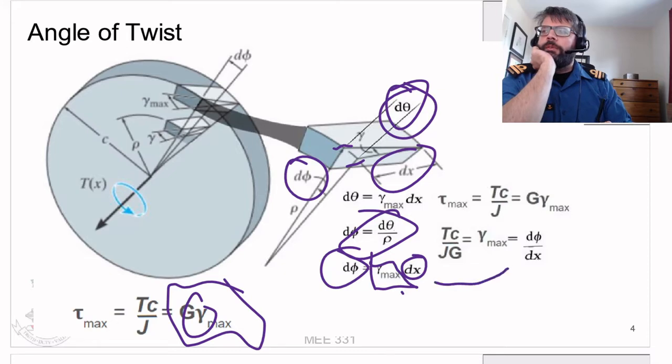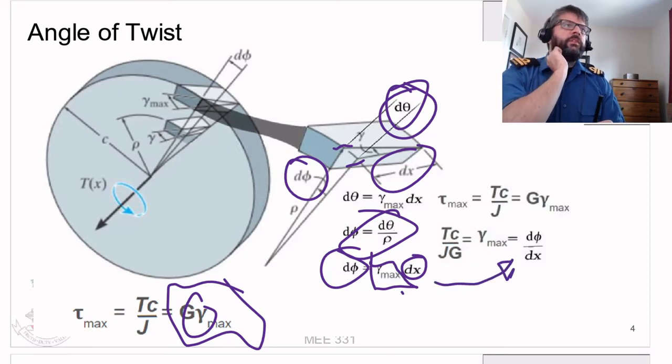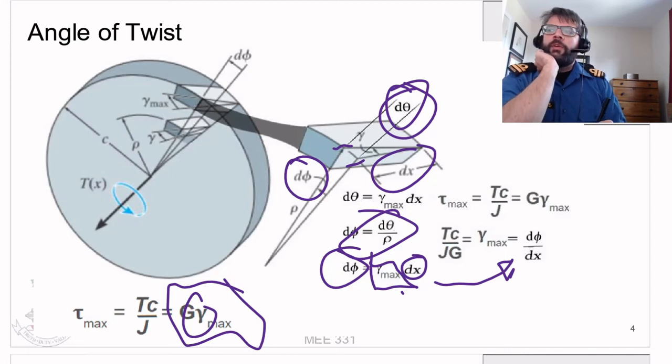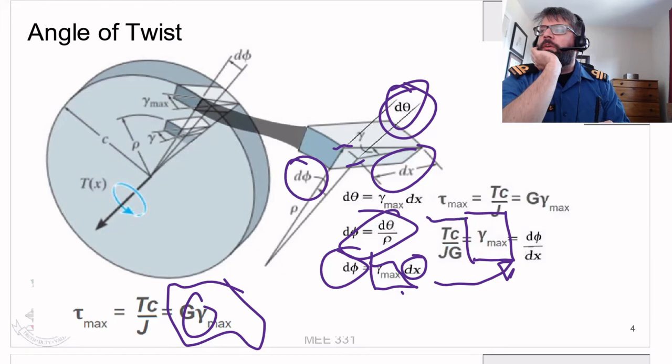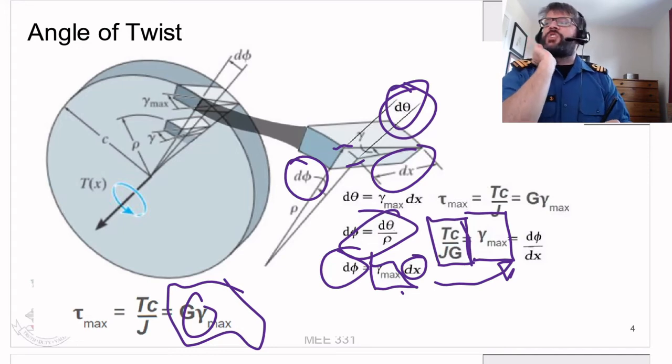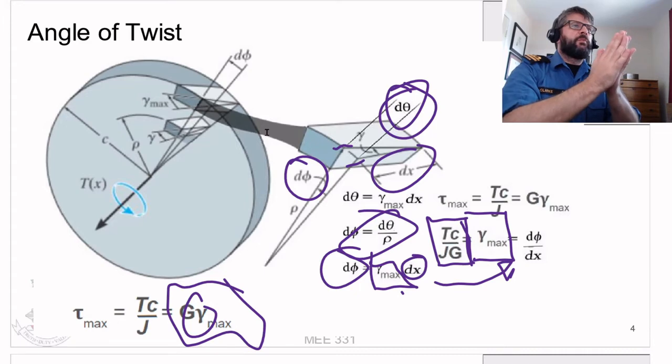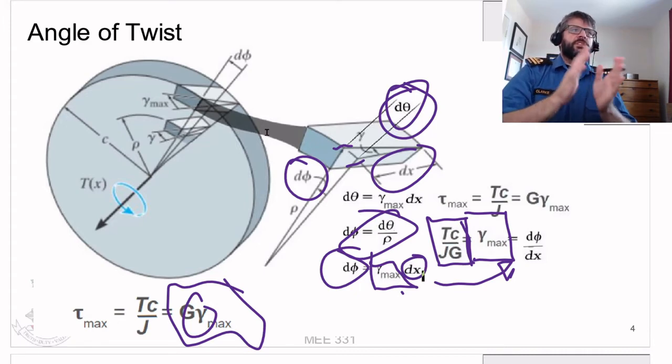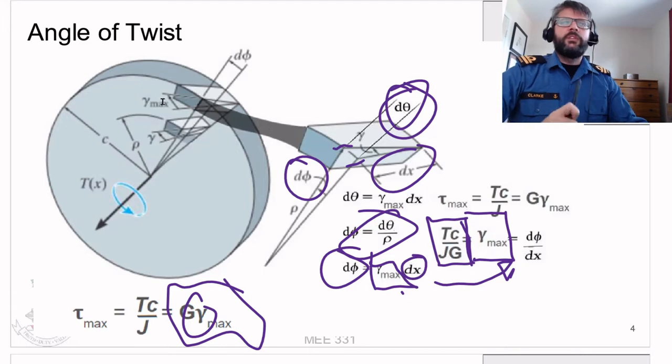Or solved another way, our delta phi over delta x is going to be equal to our shear strain, which is going to be equal to TC over JG. So that's kind of the amount of twisting that this thing has per unit length locally.